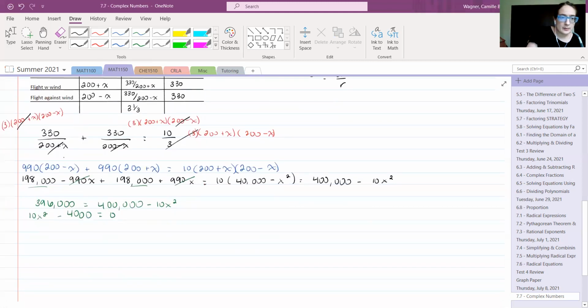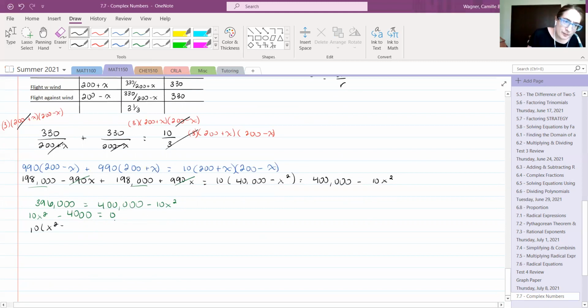Now it looks like I can probably pull out a 10. Can divide by 10 on both sides so that I end up with this. I guess this isn't a perfect square, so I guess I should move this over.